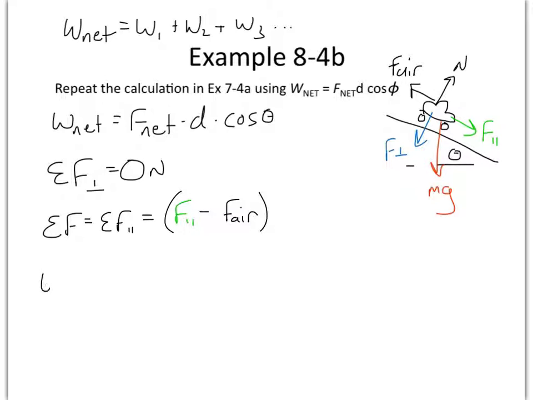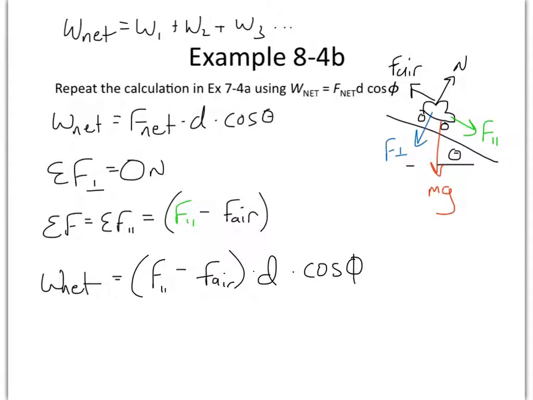So we can say that the net work is going to be our net force, like we said up here. But that's going to be force parallel minus the force of air resistance, times the distance d, times the cosine of the angle between them.